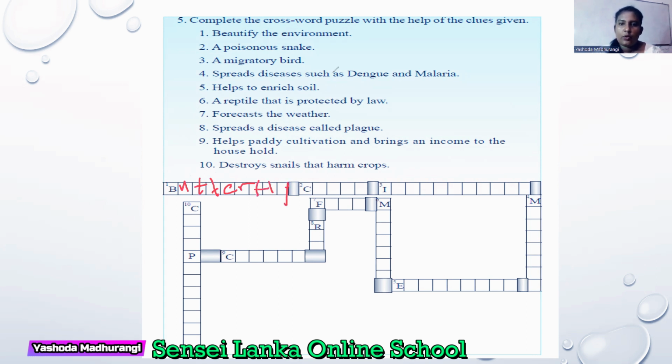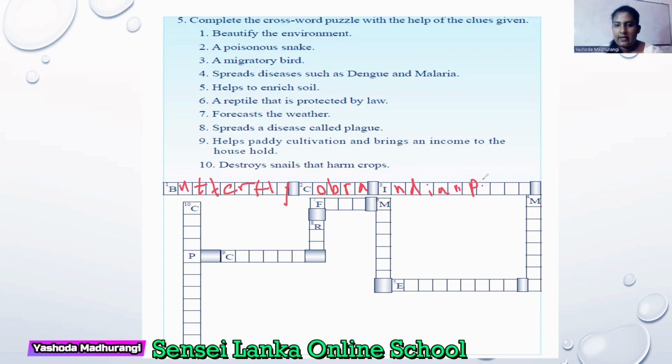Then number 2. A poisonous snake. Number 2, across. Who is the poisonous snake that we know? Cobra. Cobra is very dangerous. So 3, a migratory bird. 3, across. Who is that? Indian peacock.